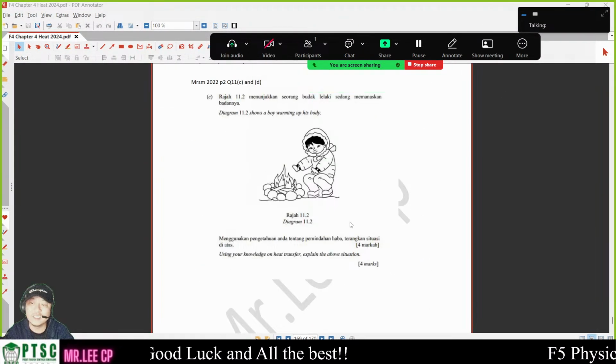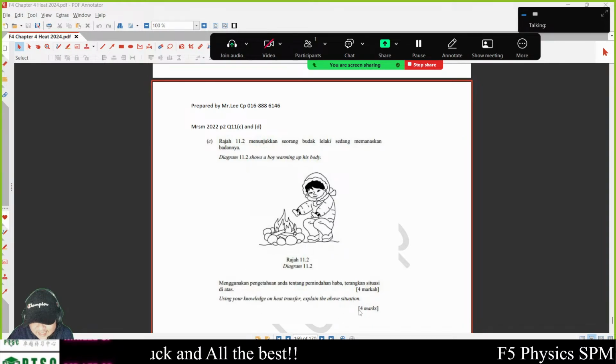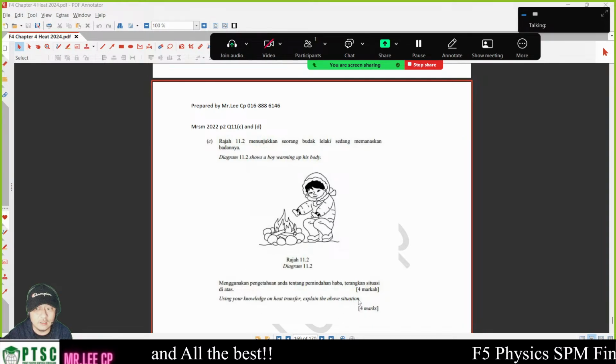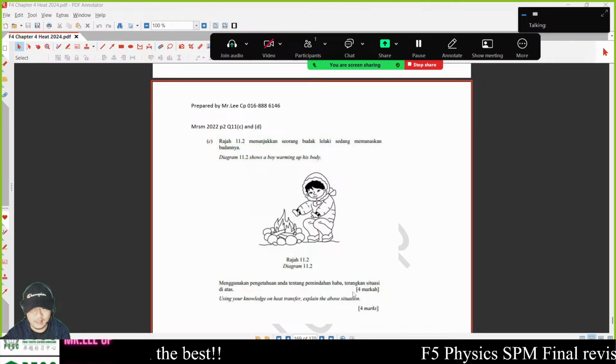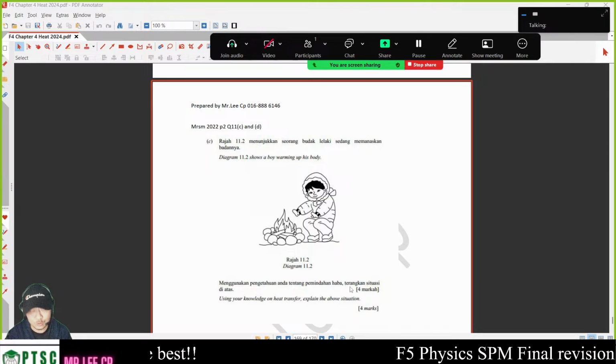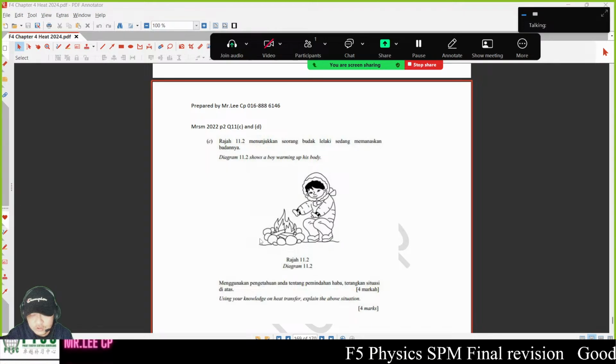For example, this question is kind of hard. Even me, I can sometimes get 2 to 3 marks, rarely 4 marks. So it is not easy to get 4 marks.